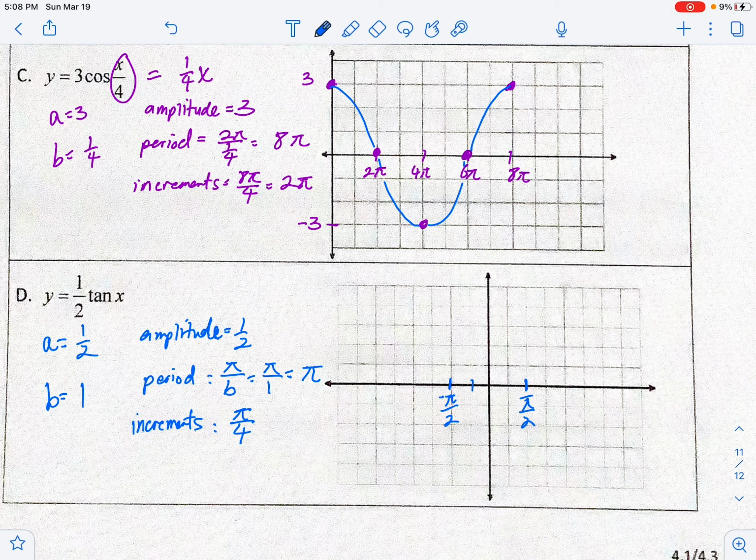And the increments are in 1/4, so this should work out that all the ticks between it are in increments of 1/4. Now I have asymptotes running from the beginning and end of my period. So I'm going to draw a dotted line straight through from negative pi over 2 and then pi over 2.